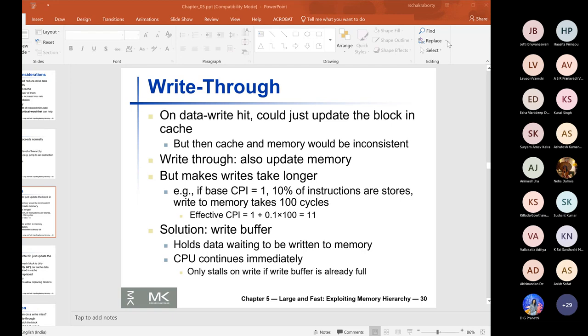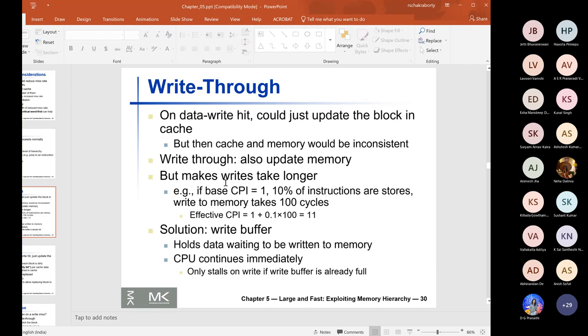You start executing other instructions and say, okay, let that write to the memory happen in the background, because anyway it is going to take hundreds of clock cycles. So this is called a write buffer. That is a hardware mechanism that is implemented.